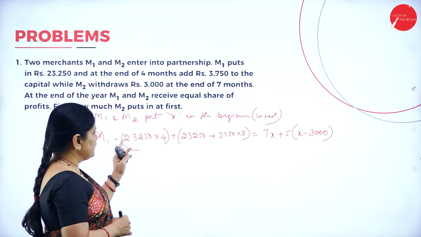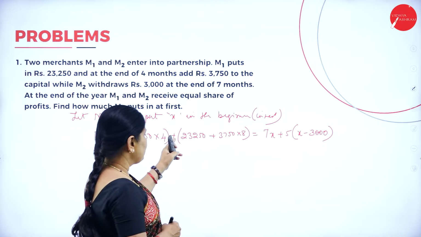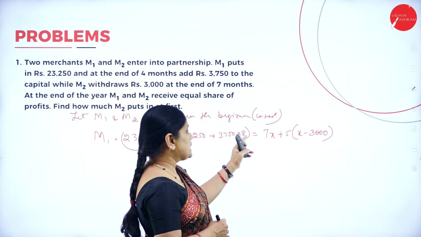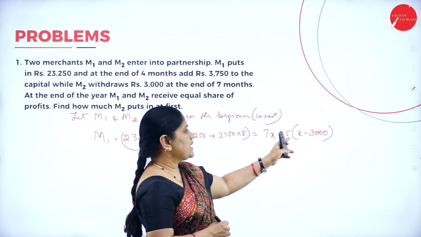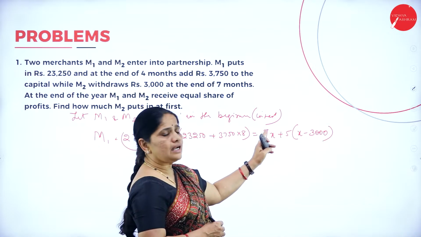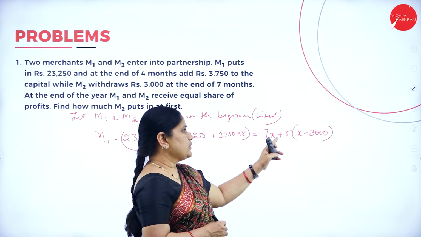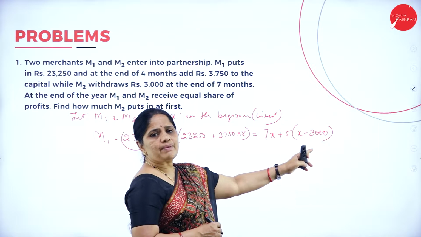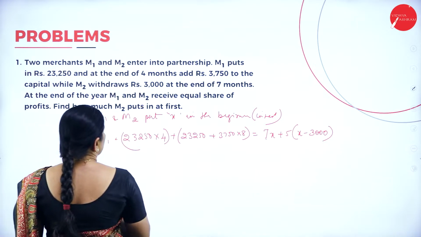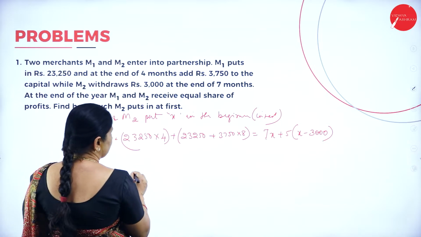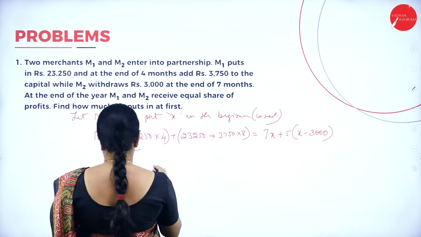So M1's investment will be 23,250 into 4 plus 23,250 plus 3,750 into 8. This will be equal to 7x plus 5 into x minus 3,000, where x is the amount invested by M2.